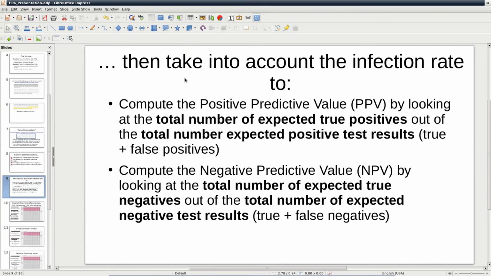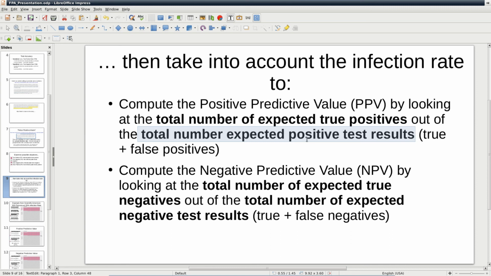From there, we take into account the infection rate to compute these two values, a positive predictive value and a negative predictive value. The positive predictive value is determined by considering the total number of expected true positives in the population against the total number of expected positive test results.